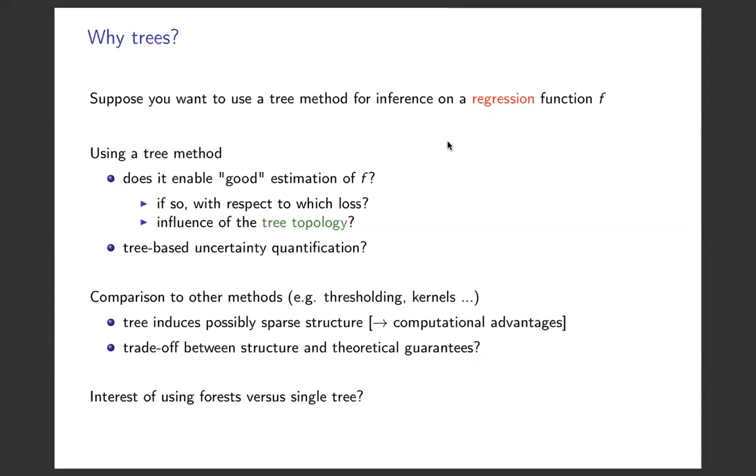Are there advantages, drawbacks? And between trees and forests, are there differences? So those are very natural questions, and in this talk, I'll try to talk about some of them and give some recent results in this direction in the understanding that has been built recently on those.